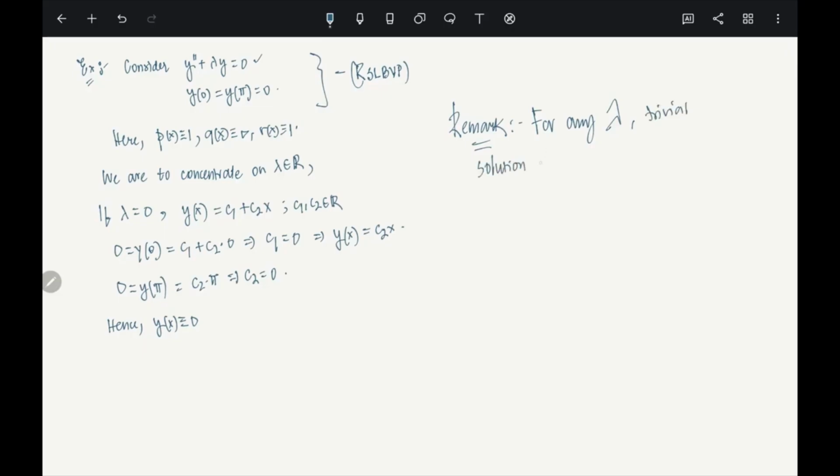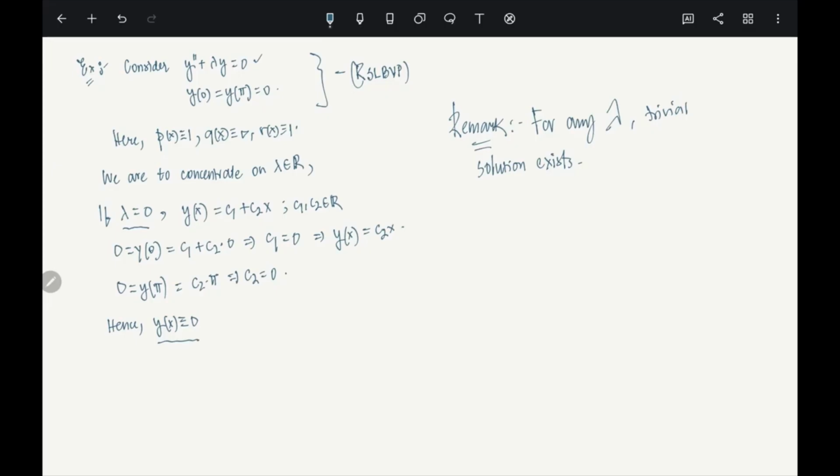Now the thing is, this trivial solution is fine, but what about the other non-trivial solutions? So basically you have to find the lambdas for which a non-trivial solution exists. Here, if lambda is 0, you will see that y of x equals 0 is the only solution.